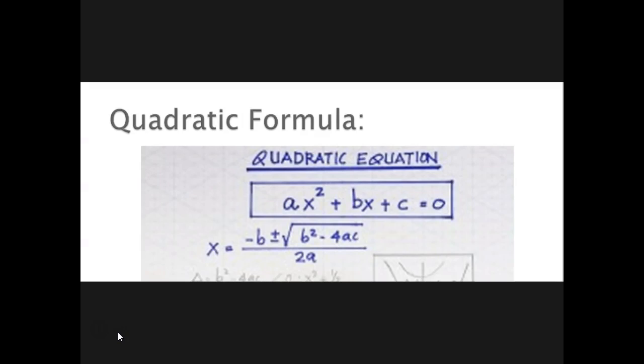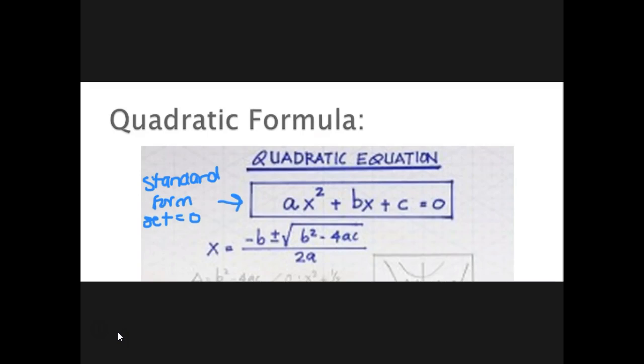Today, we are learning the discriminant, which is a part of the quadratic formula. In order to use the quadratic formula, it has to be in standard form. It has to be set equal to 0. So in order to use the quadratic formula, we have to be in standard form, set equal to 0.